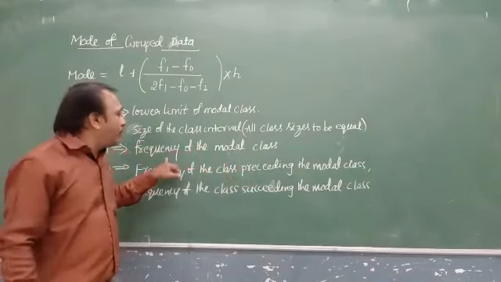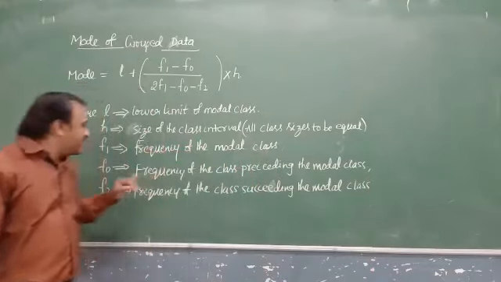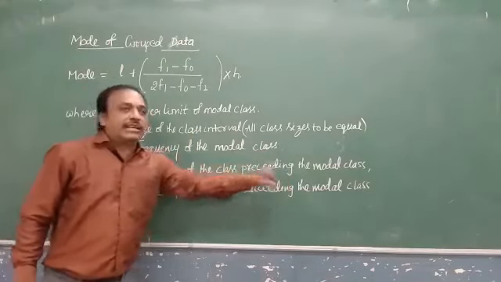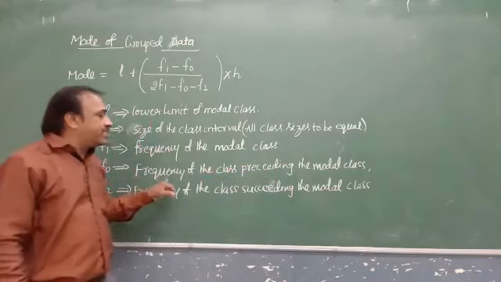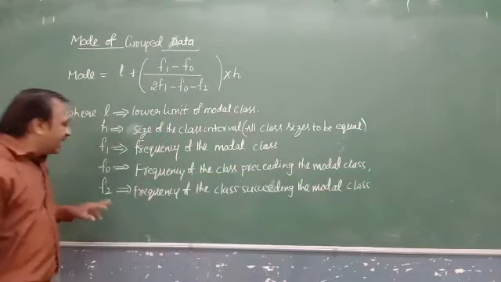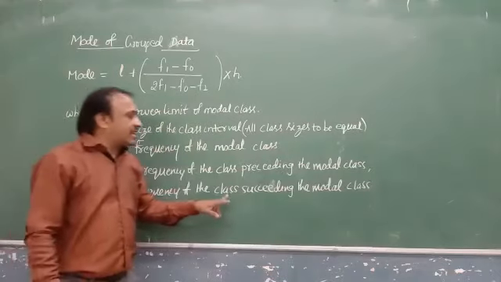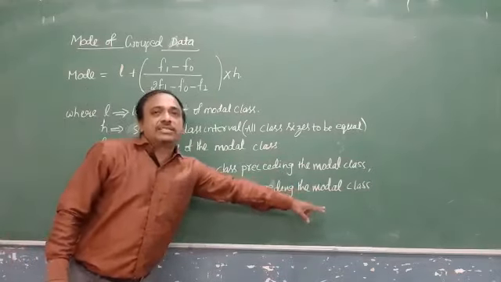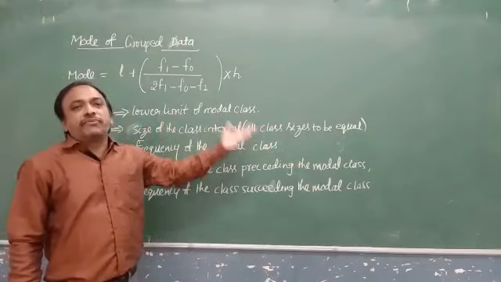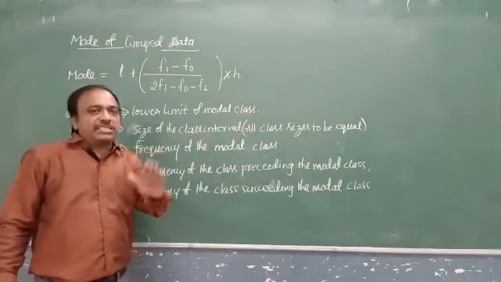F0 is the frequency of the class preceding the modal class, and F2 is the frequency of the class succeeding the modal class. Preceding means before, succeeding means after.